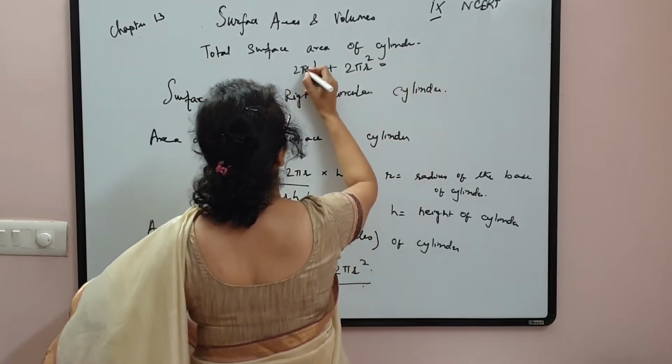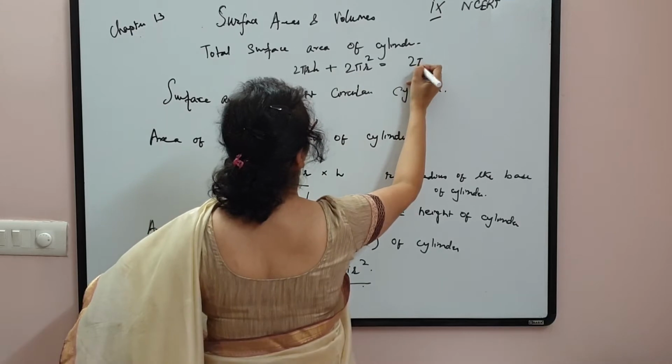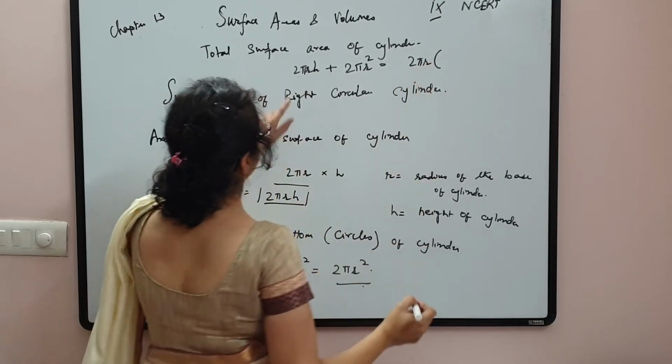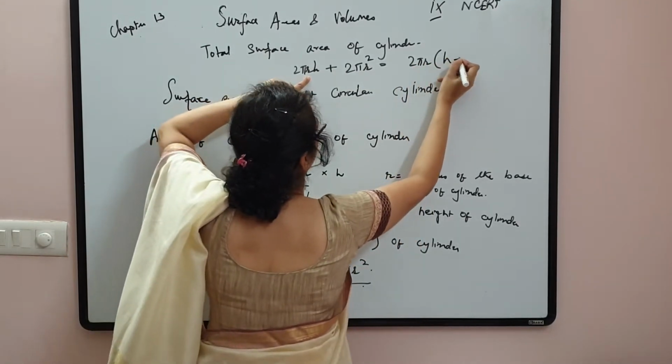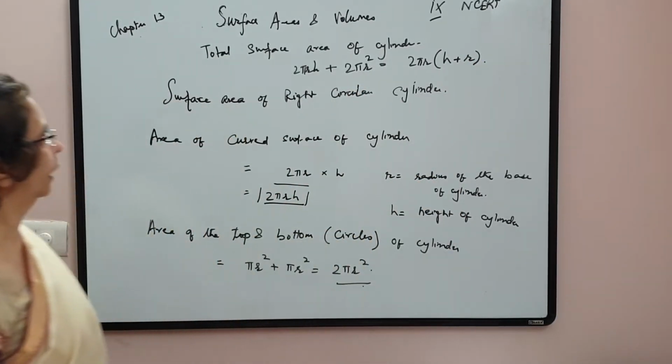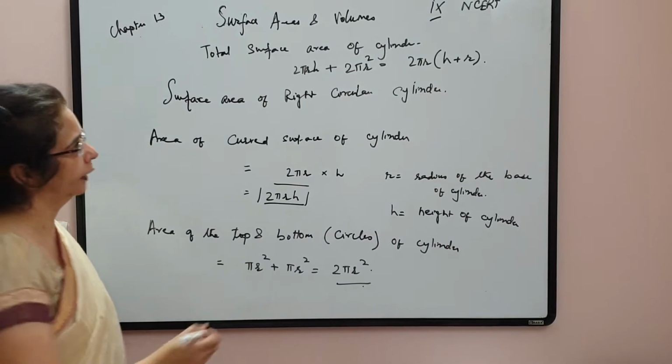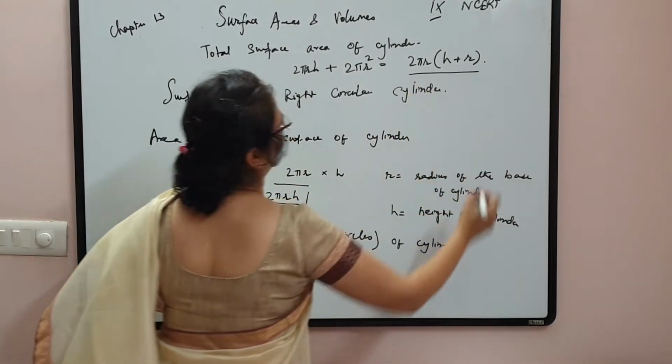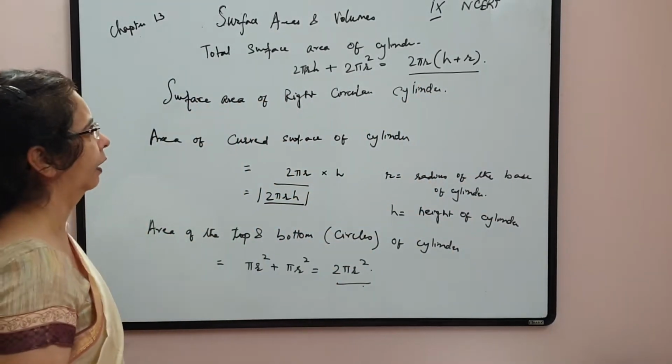You can simplify this how? Take 2 pi r outside the bracket. You are left with h here and you are left with another r here. So what is the formula of the total surface area of the cylinder? It is 2 pi r into h plus r.